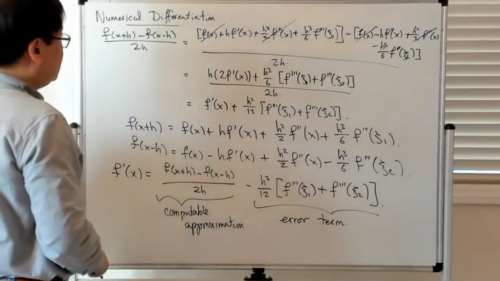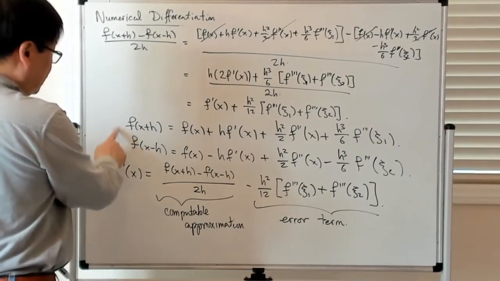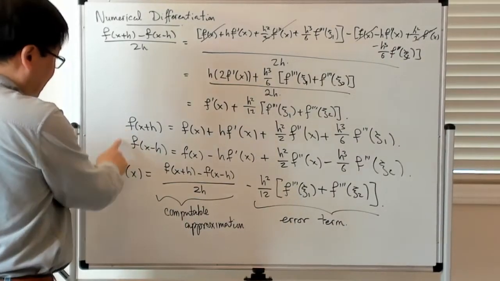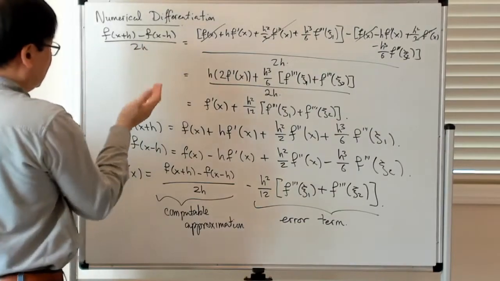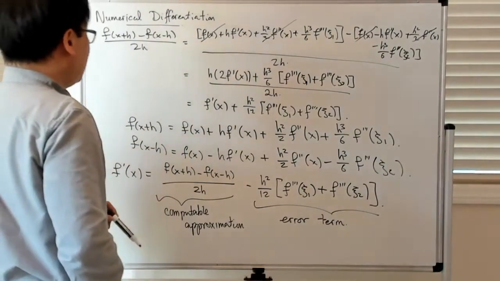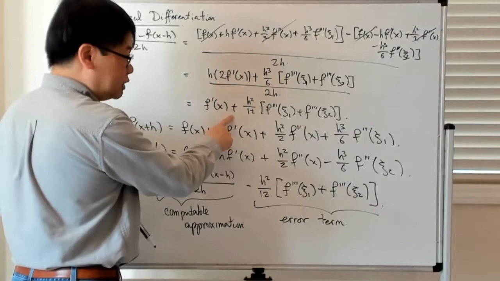And then you could assume that there are unknown coefficients in front of f of x plus h and f of x minus h. So let's say a and b. And then you take this formal combination of a times f of x plus h plus b times f of x minus h, and then you want to equate it to whatever you're trying to approximate.